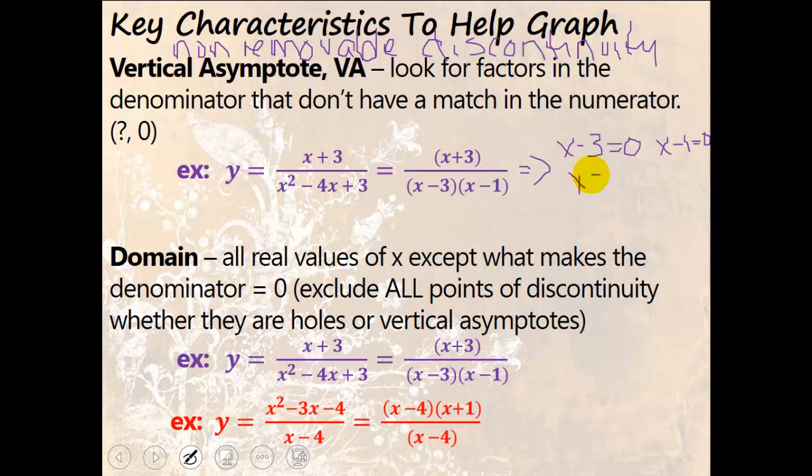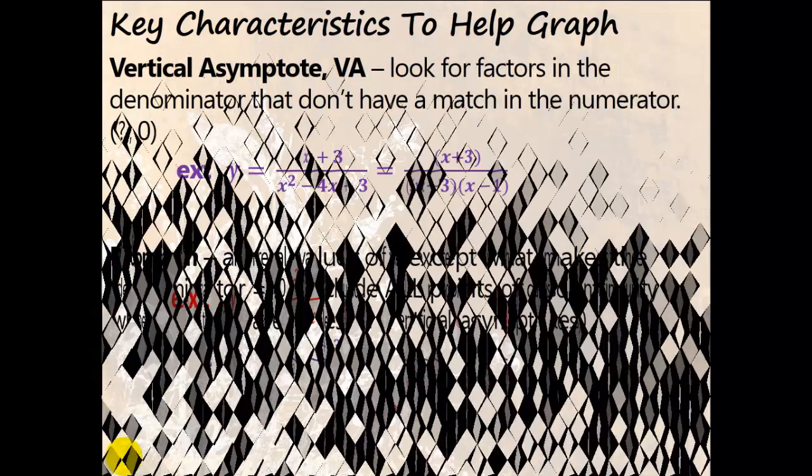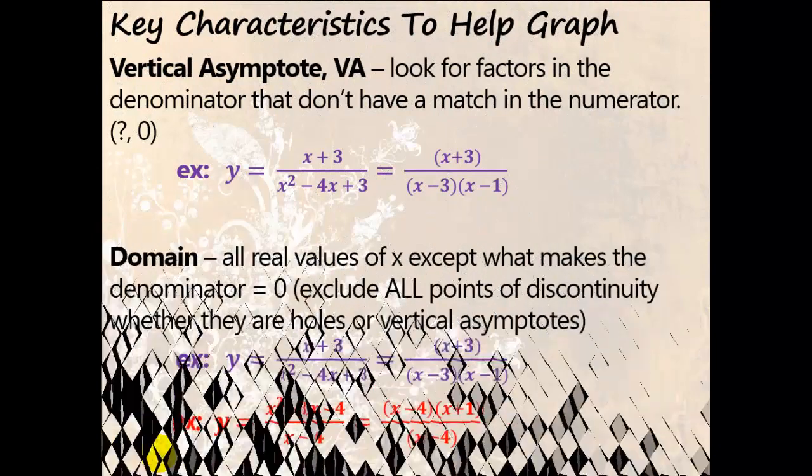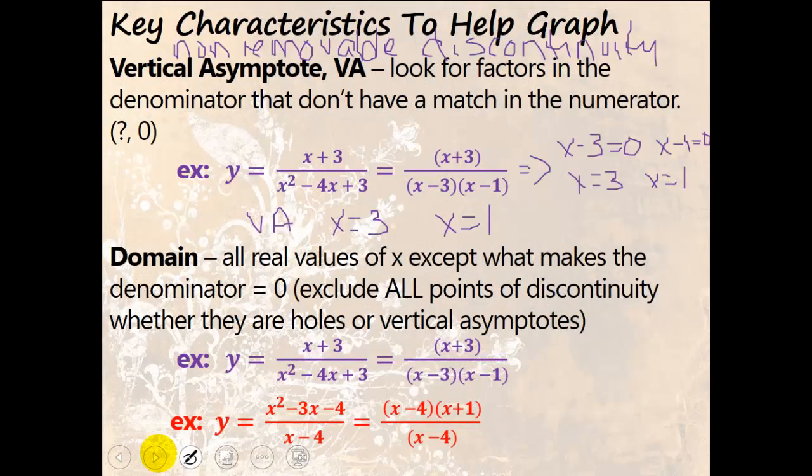So this says x equals 3 and x equals 1. Your vertical asymptotes are going to be the lines x equals 3 and x equals 1. Notice how I distinguish between a line and a point. That's why it's so important for you to know when you're talking about a point and when you're talking about a line.